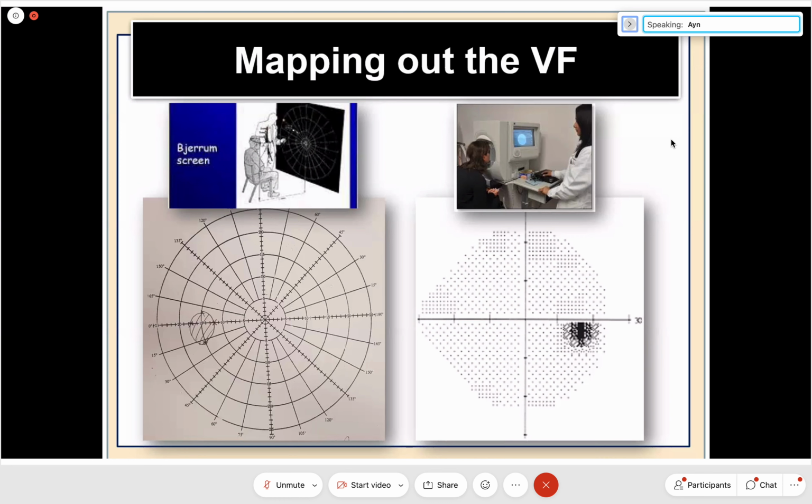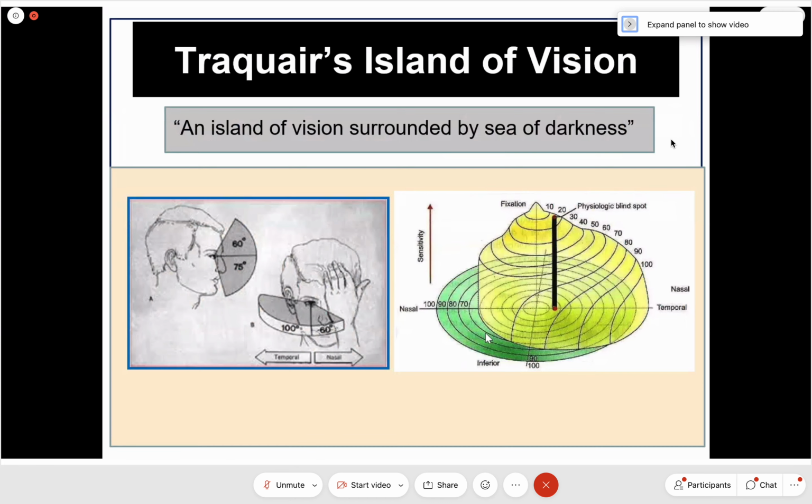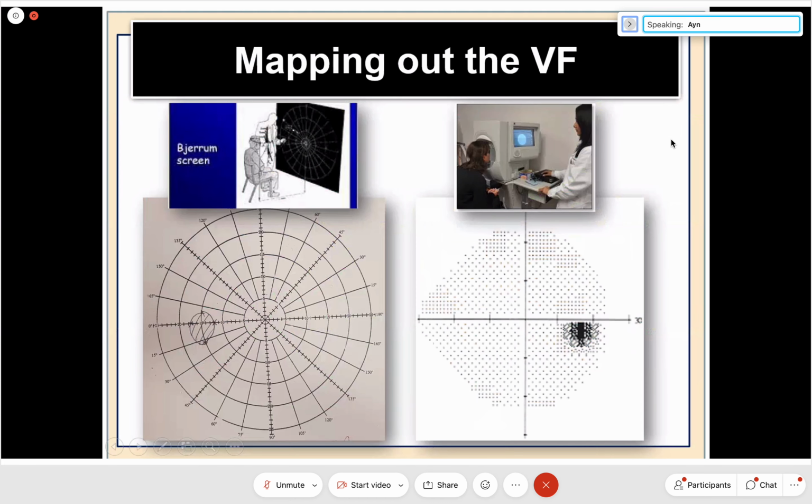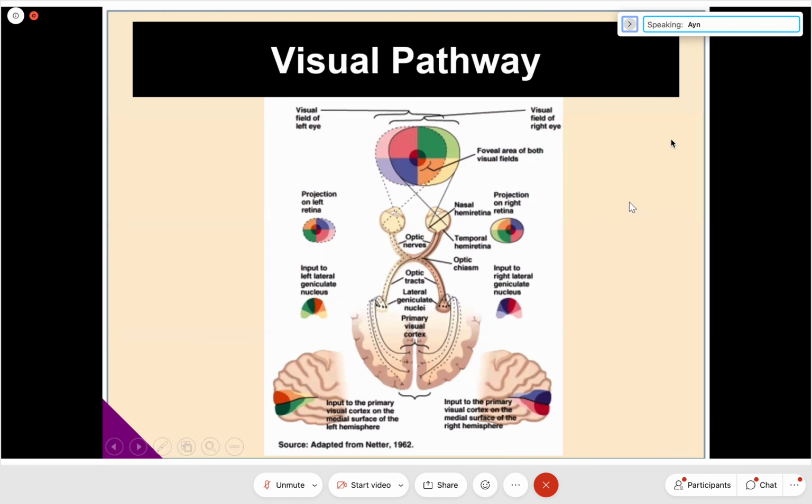As I mentioned, it only tests a maximum of about 30 degrees. If you want to test a larger field, like we mentioned earlier, our field is up to 100 degrees temporally, so the test that should be used is Goldmann. But Goldmann nowadays is not being used routinely because of technical issues.